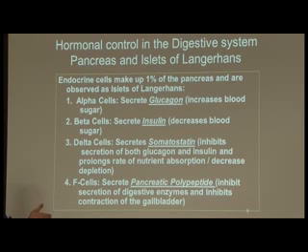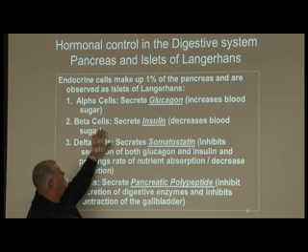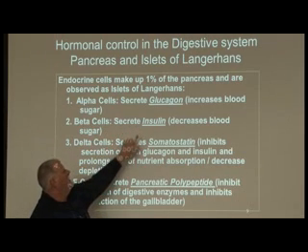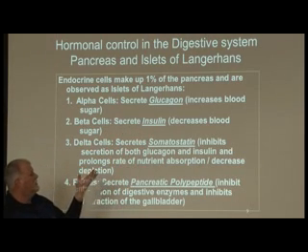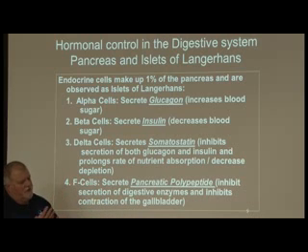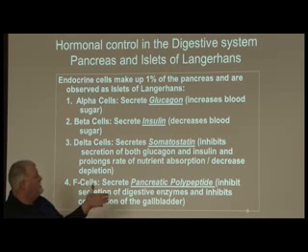As we've already talked about, we need insulin that aligns with the sugar so that cells can take it up. So the key to beta cells is that they produce insulin, and insulin has to be bound to sugar for our cells to pick up the sugar and use it for metabolic processes.